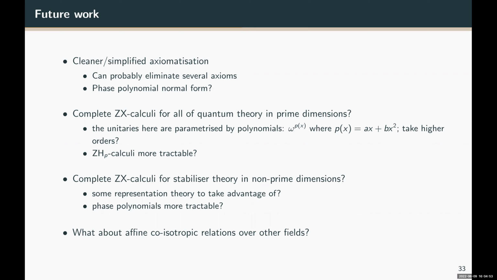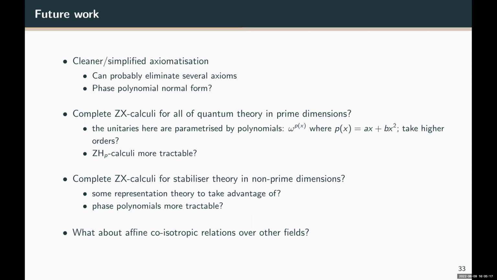However, having said that, I think the ZH calculus has a more straightforward proof of universality in the qubit case than the ZX calculus, and it can be generalized naturally to the case of prime dimensions. So this is possibly a more tractable route for the universality proof.